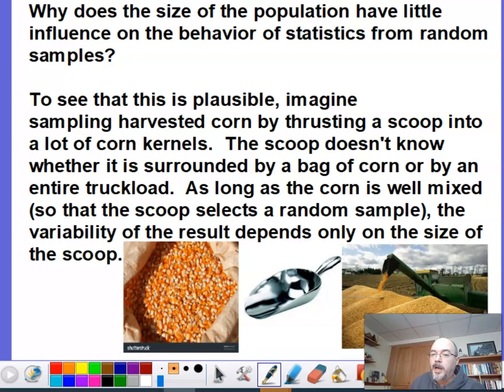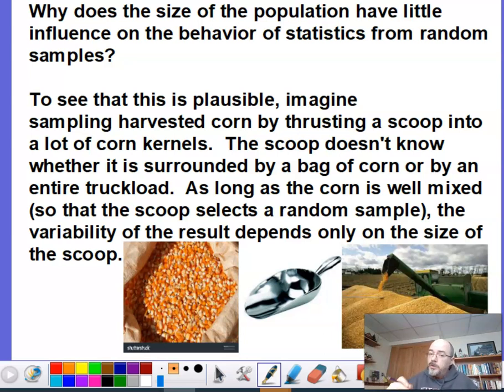To see that this is plausible, imagine sampling harvested corn by thrusting a scoop into a lot of corn kernels. The scoop doesn't know whether it is surrounded by a bag of corn, which is smaller, or by an entire truckload.